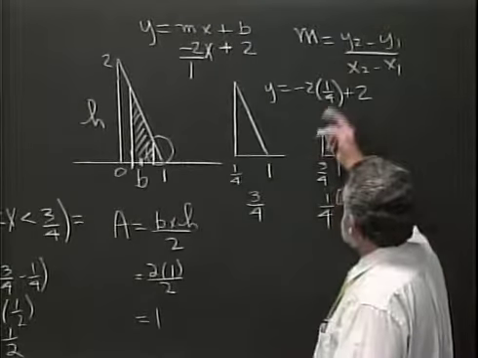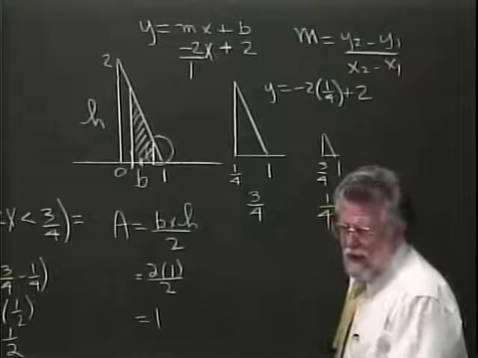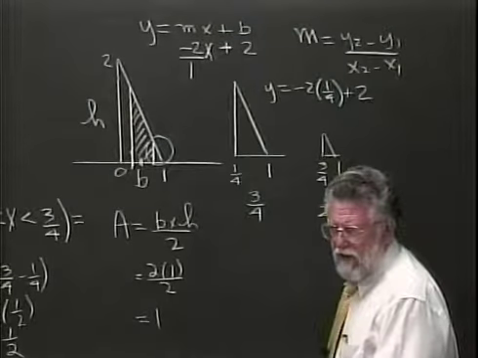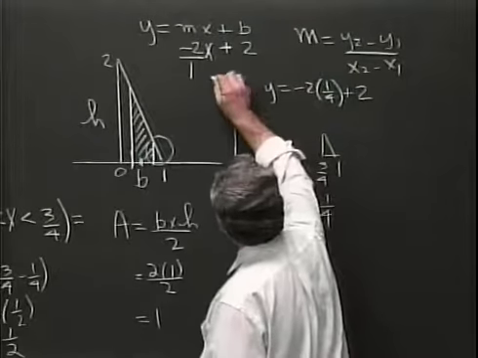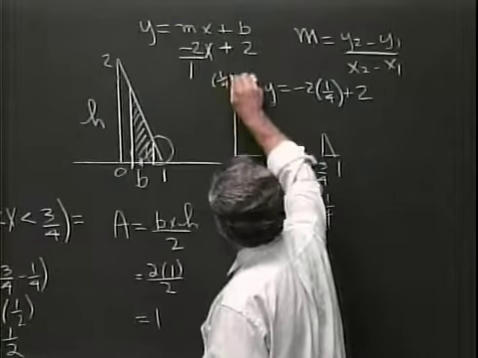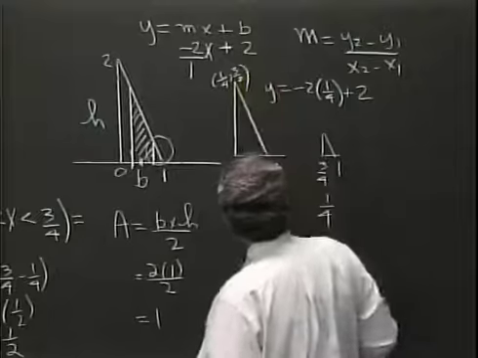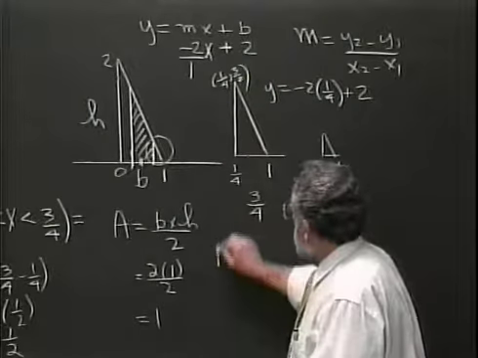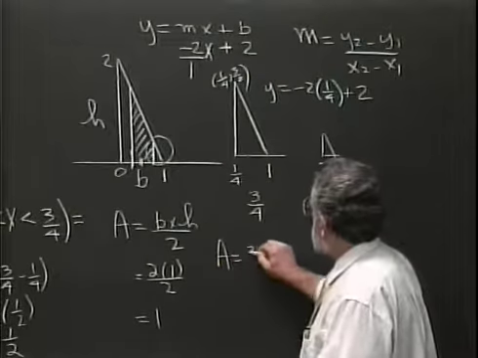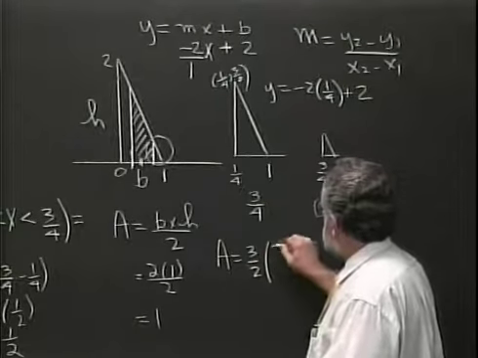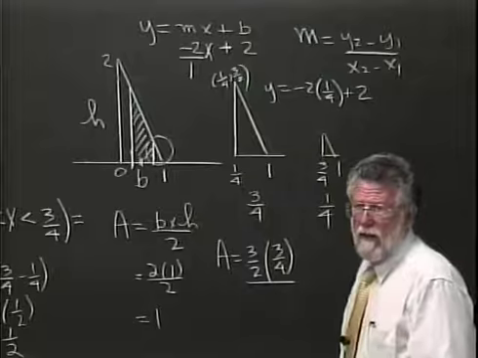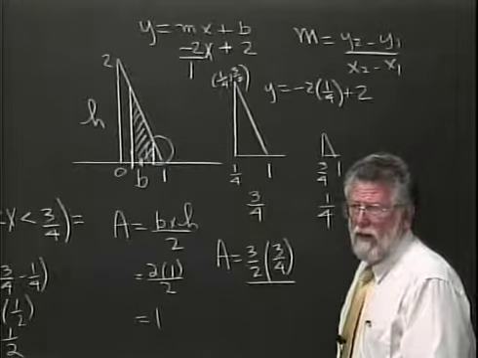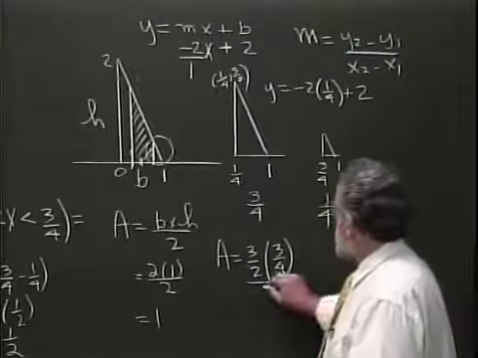Okay, so that's minus 1/2 plus 2, which is 1.5, which is 3/2. So this ordered pair up here is at 1/4, 3/2. So the height of this now is going to be 3/2 times the base, which is 3/4, divided by what? 1/2 base times height, divided by 2.